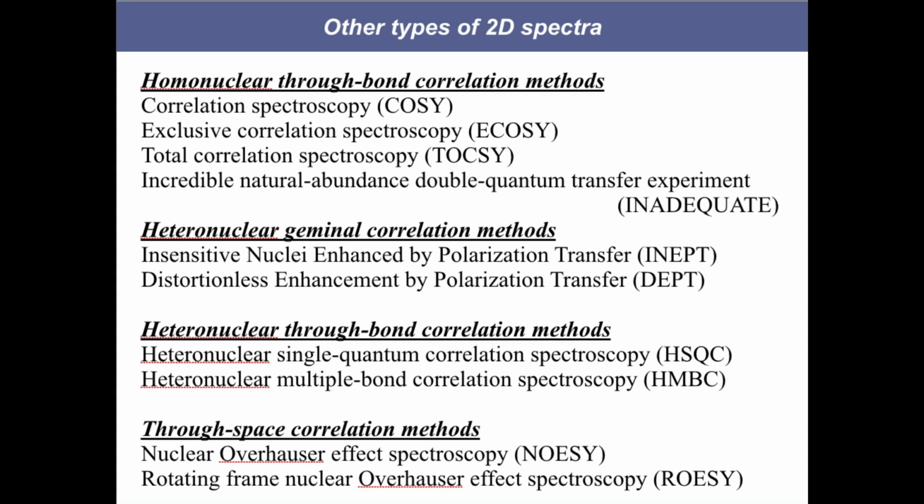One of those is called nuclear Overhauser effect spectroscopy, or NOESY, or rotating frame nuclear Overhauser effect spectroscopy, or ROESY. So we've got COSY, we've got TOCSY, we've got INADEQUATE, we've got DEPT and INEPT, we've got NOESYs and ROESYs, and eCOSYs. We've got all kinds of fun methods.